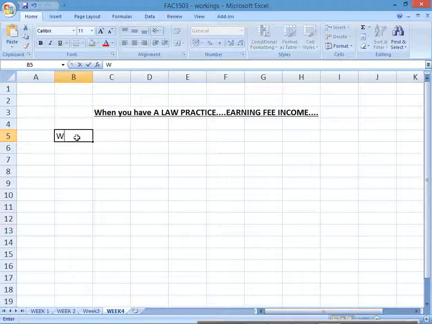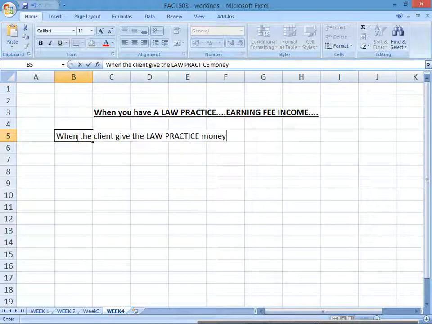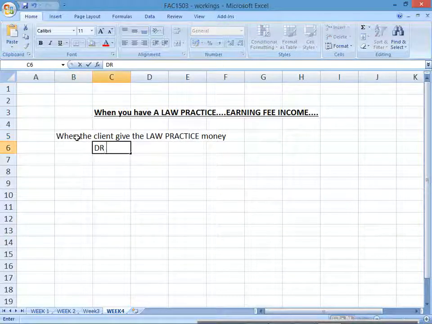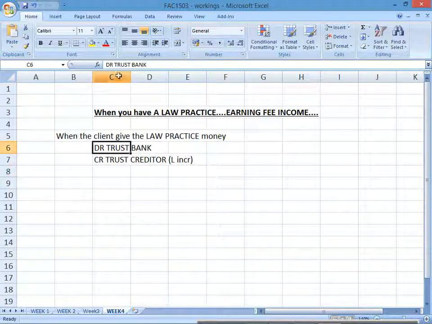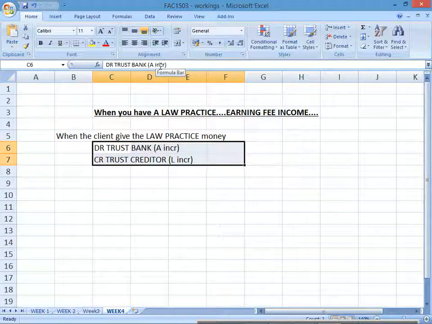Okay, so do you agree when the client gives the law practice money, you would have debited the trust bank account, okay, you would have credited the trust creditor. Okay, liability increase. Okay, bank is obviously an asset, let's put that there as well, why not? Okay, so this belongs to the trust, okay, it belongs to the client.